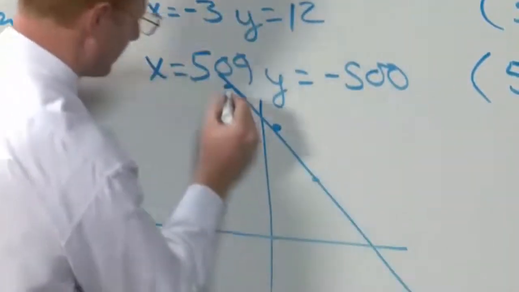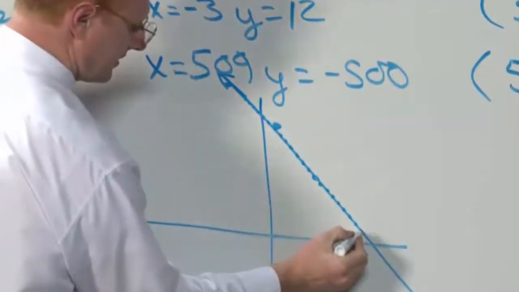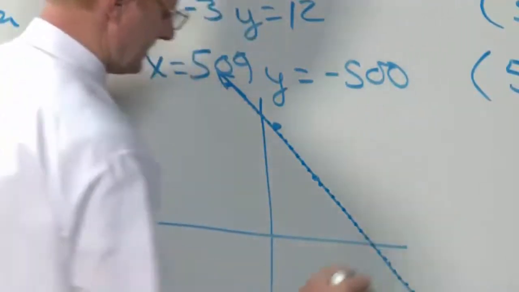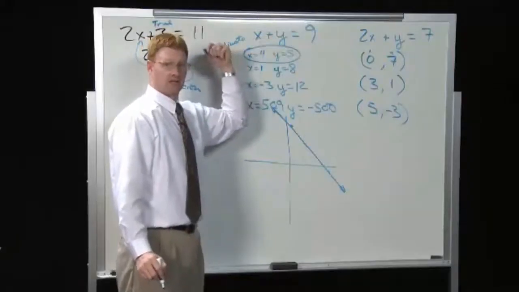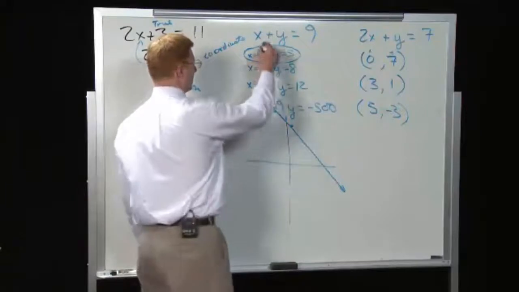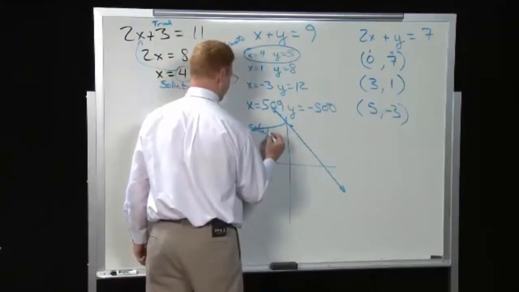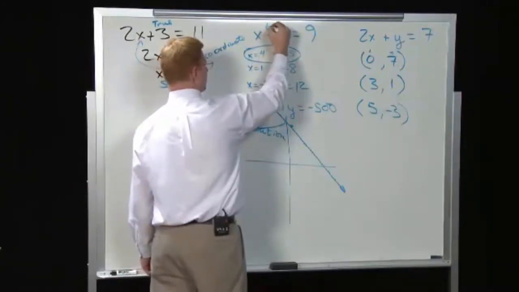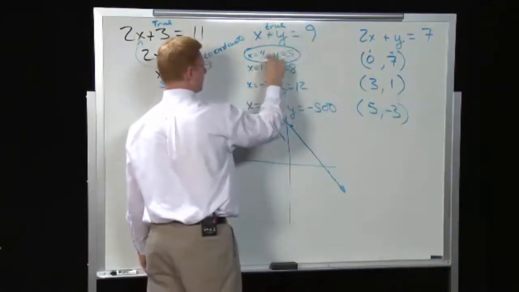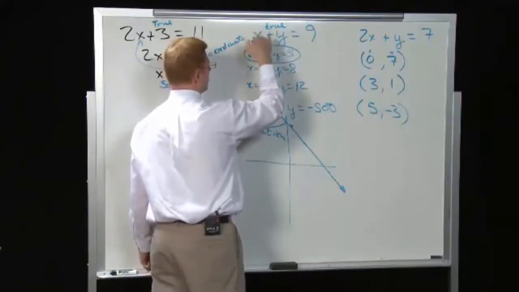Turns out that every single point on this line will be a solution to this equation. And you graph both of them. So the solution means that every time we put that in, this will be true. 4 and 5, 1 and 8, 2 and 7, 3 and 6, 0, 9, 9, 0.